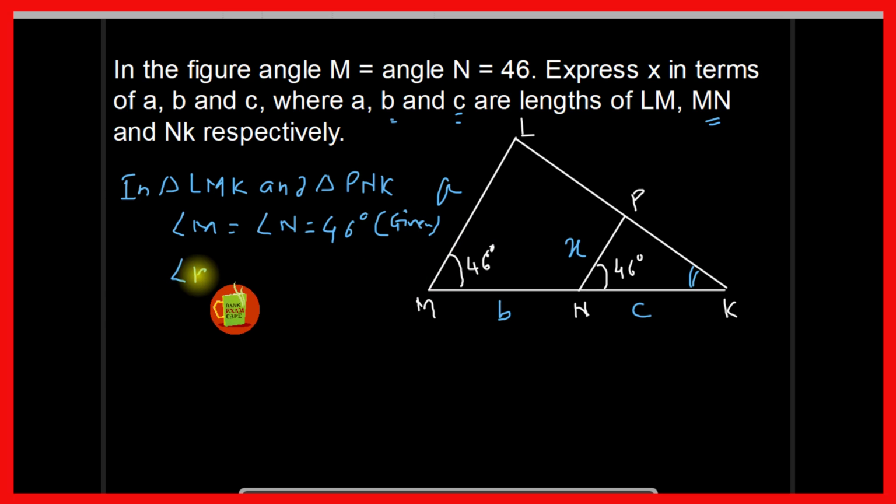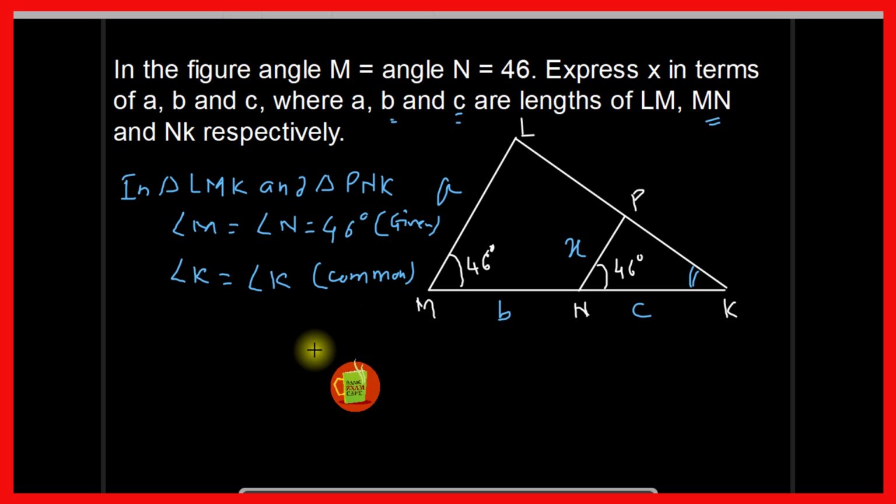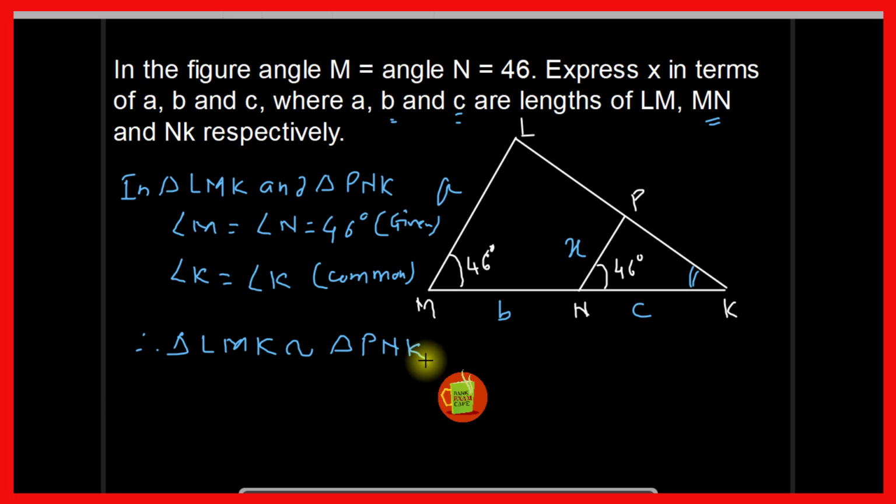And angle K is equal to angle K because it is common, and therefore triangle LMK is similar to triangle PNK. Reason will be what? AA criteria. And since these two triangles are similar, the ratio of their corresponding sides will be equal.